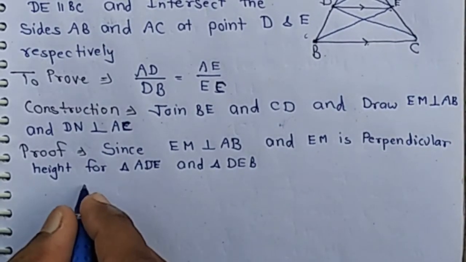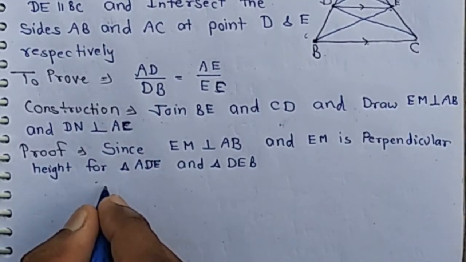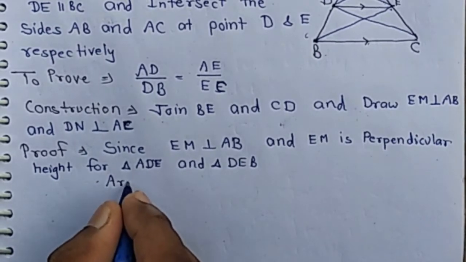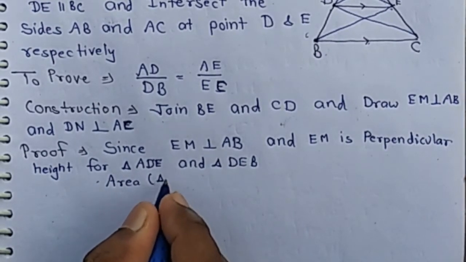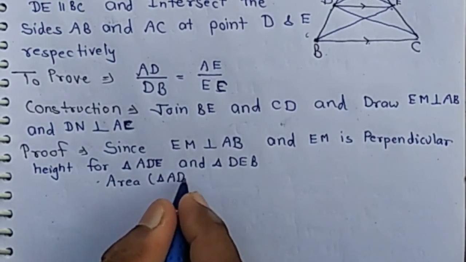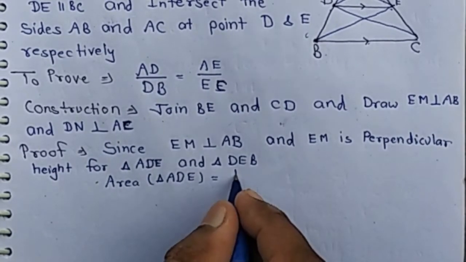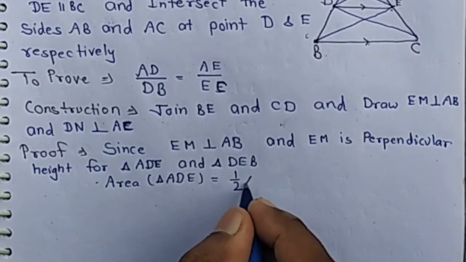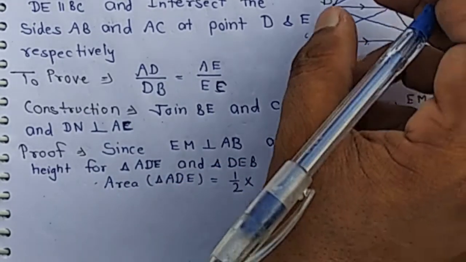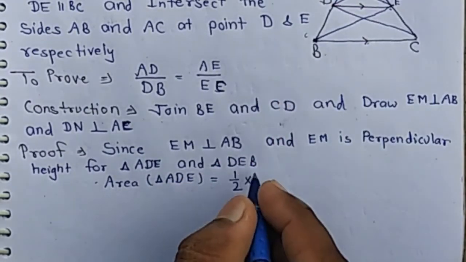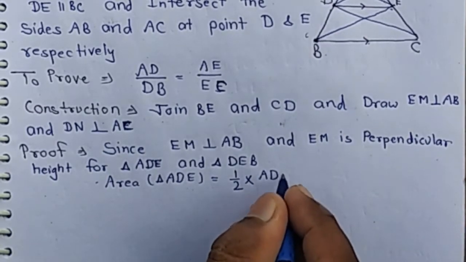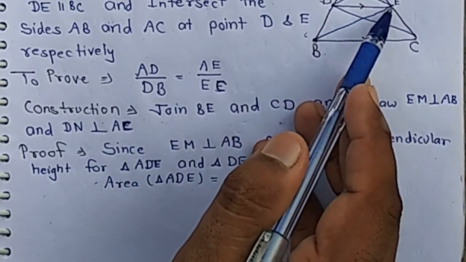Then area of triangle ADE, you know that area equals 1/2 base into height. The base of ADE is AD, into the corresponding height EM.